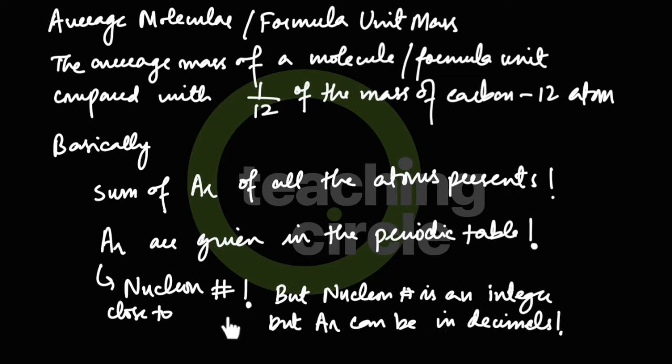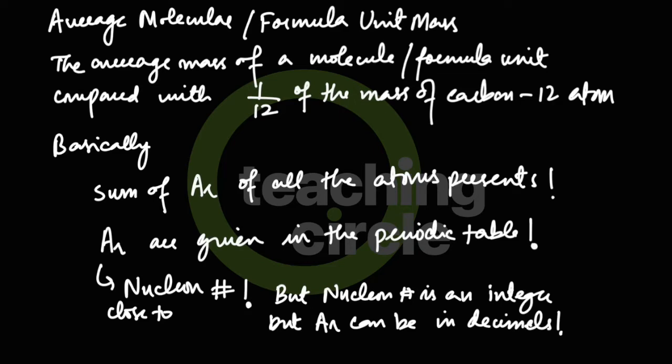But the relative atomic mass takes into account all the isotopes, and we also divide it by 1/12 of the mass of the carbon atom, so it's more standardized and more formal, and most of the time it will be in decimals, not a whole number. Well, it can be, but most of the time it will be a decimal, so keep that in mind. But overall, it will be a very, very close value.